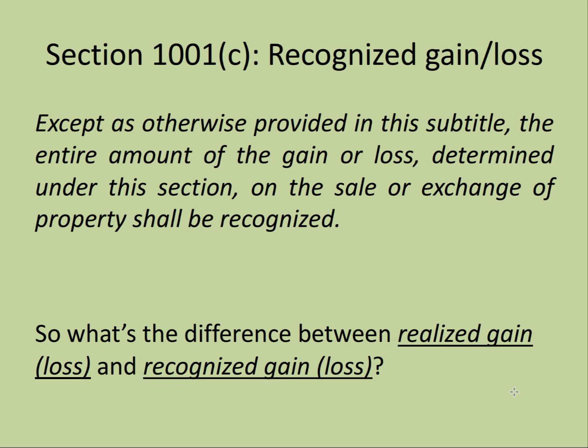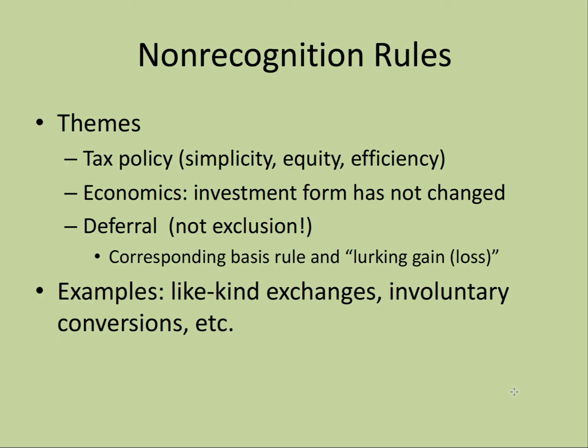The reason that we have this specific provision is that there's special rules in the Internal Revenue Code called Nonrecognition Rules that basically, Congress feels that there's times where it's not appropriate to tax certain events. When you consider tax policy, simplicity, equity, efficiency, it makes no sense.